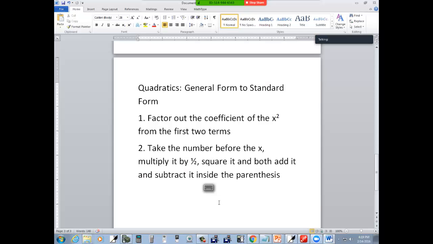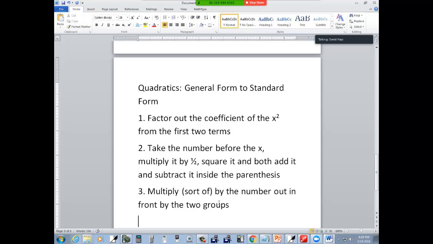So then you're going to multiply, sort of. Multiply by the number out in front by the different groups, by the two groups.